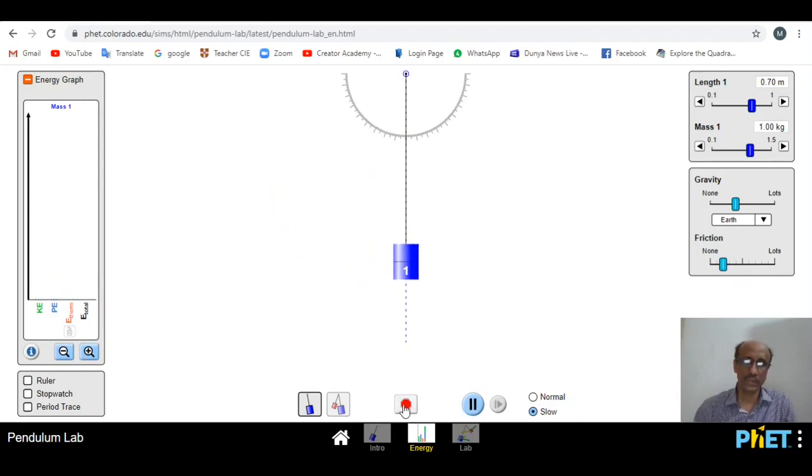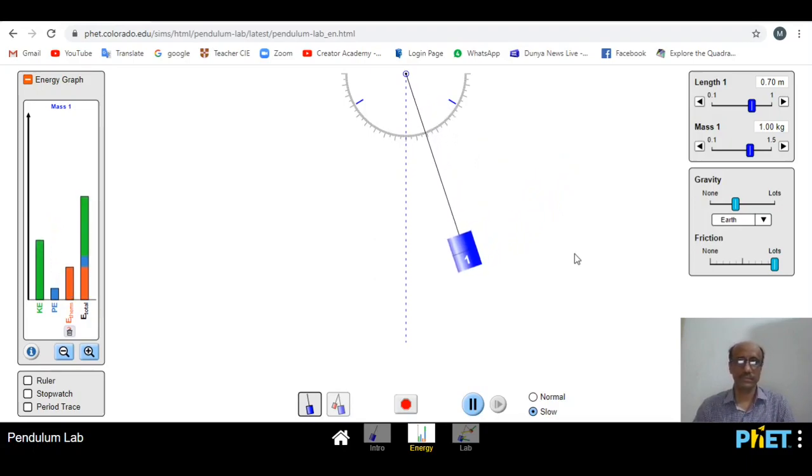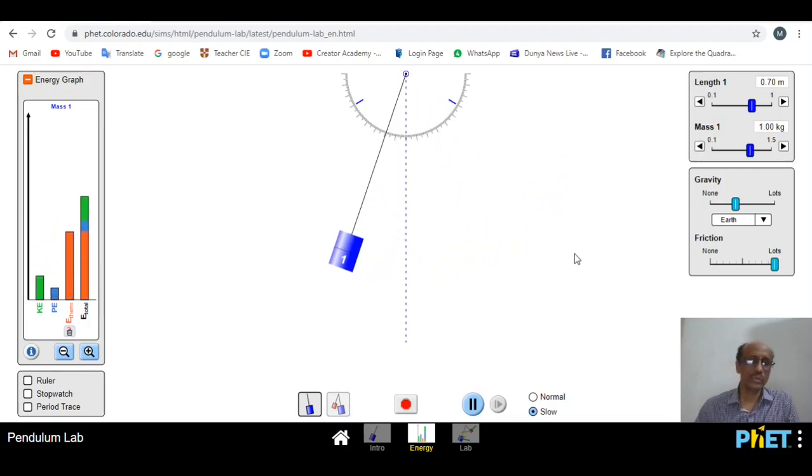So if we increase this and reset it, a lot of heat energy is introduced. Now what will happen? 60 is the amplitude, 15, 60, let it go. The value of the heat energy increased compared to the previous animation.